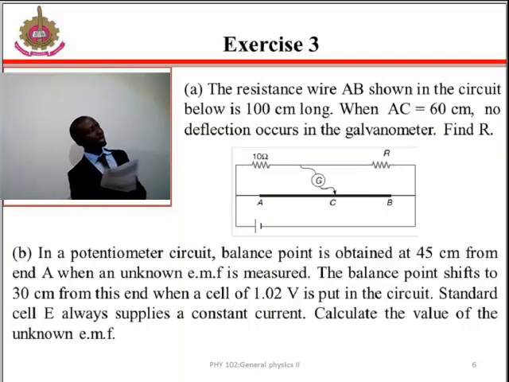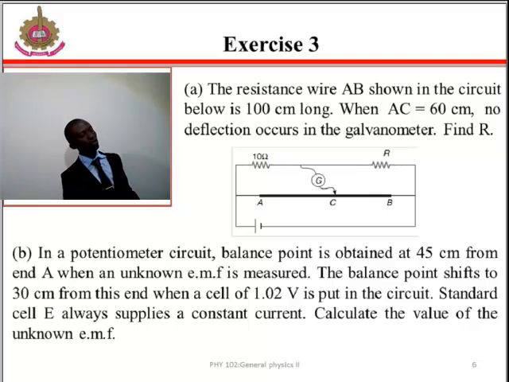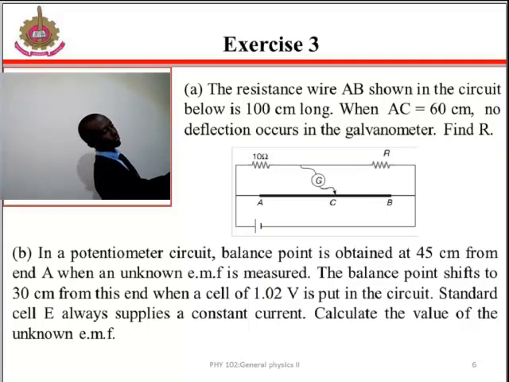In a potentiometer circuit, balance point is obtained at 45 cm from end A when an unknown EMF is measured. The balance point shifts to 30 cm from this end when a cell of 1.02 volts is put in the circuit. Standard cell E always supplies a constant current. Calculate the value of the unknown EMF.